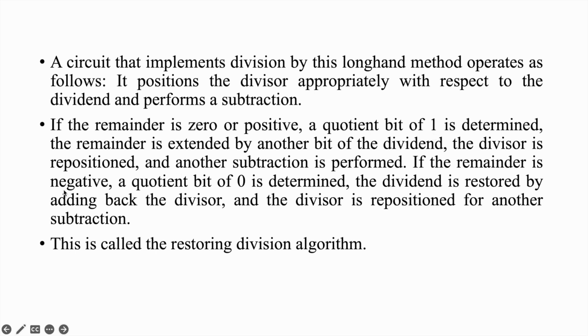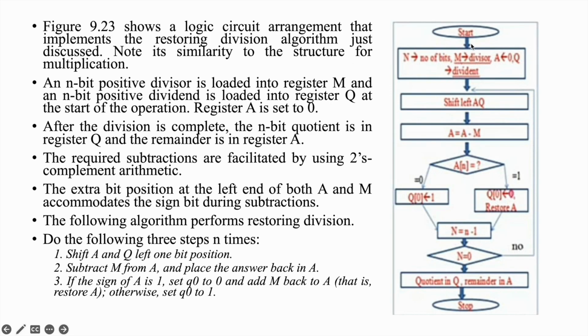If the result is negative, we take the quotient as 0. And if the quotient is 0, the dividend is restored by adding back the divisor, and the divisor is repositioned for another subtraction. This is called the restoring division algorithm, the division operation using the restoring algorithm.